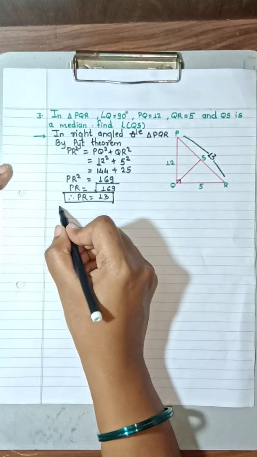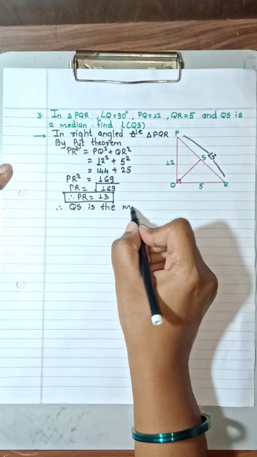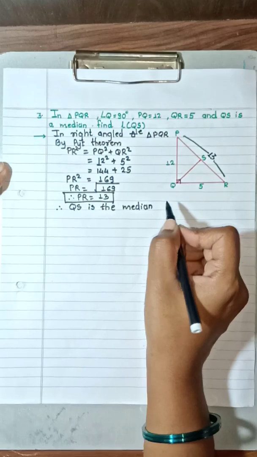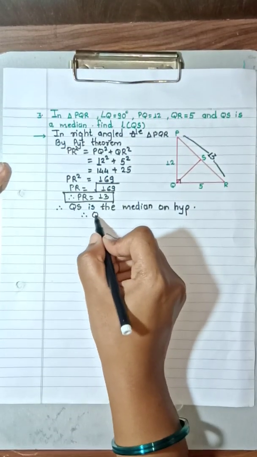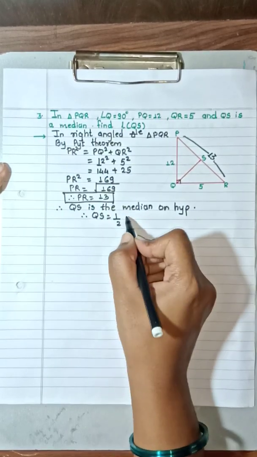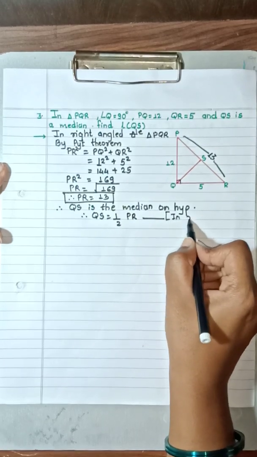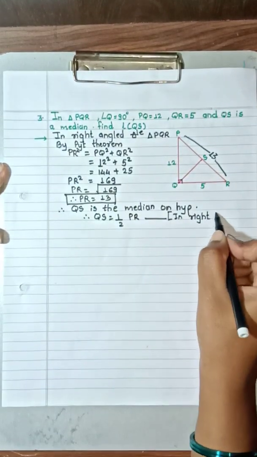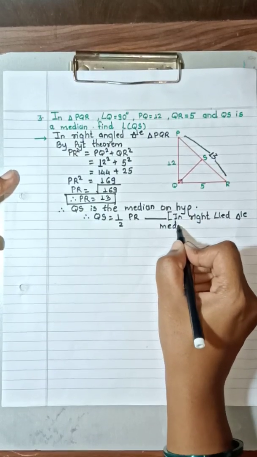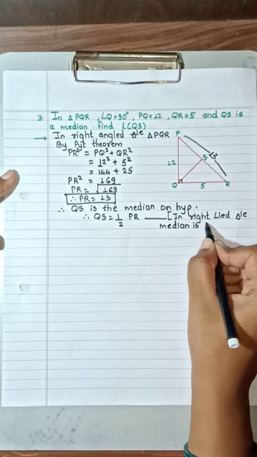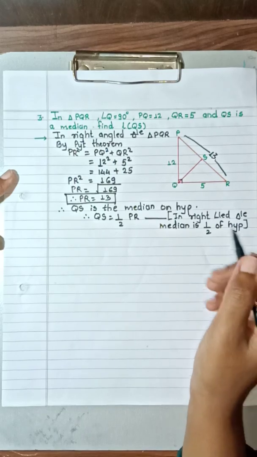Now QS is the median on the hypotenuse. Therefore QS is equal to half of PR. You can write down the reason over here: in a right angle triangle, median is half of hypotenuse.